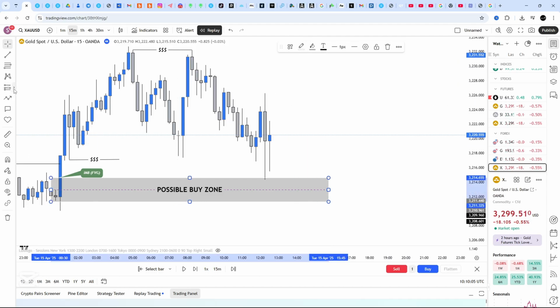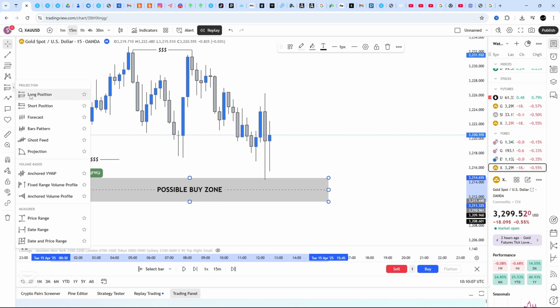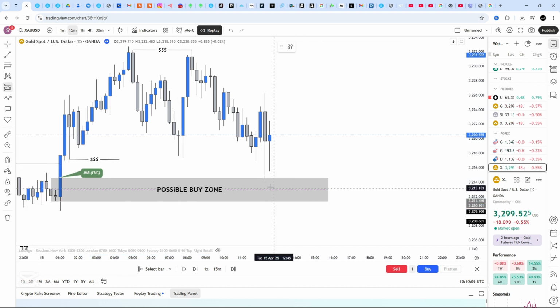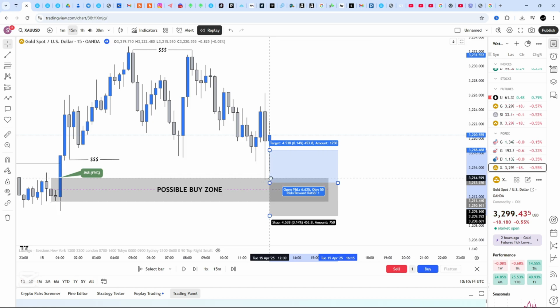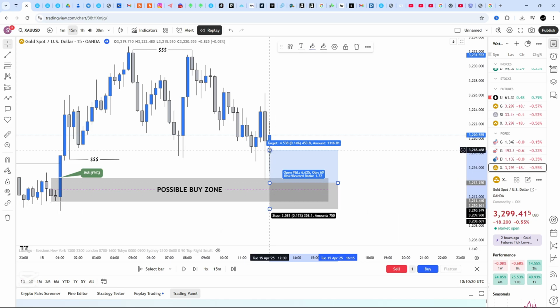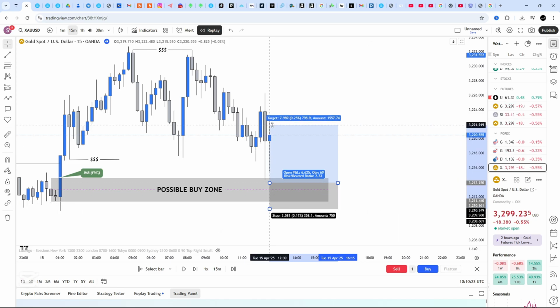Now, I will set my buy entry here, or a long position just in between here, or after sweep of this liquidity, it's okay. And then I place my stop loss somewhere down here, a few pips. And what will I target? Because we are in an uptrend and the recent high was which one? Was this one.